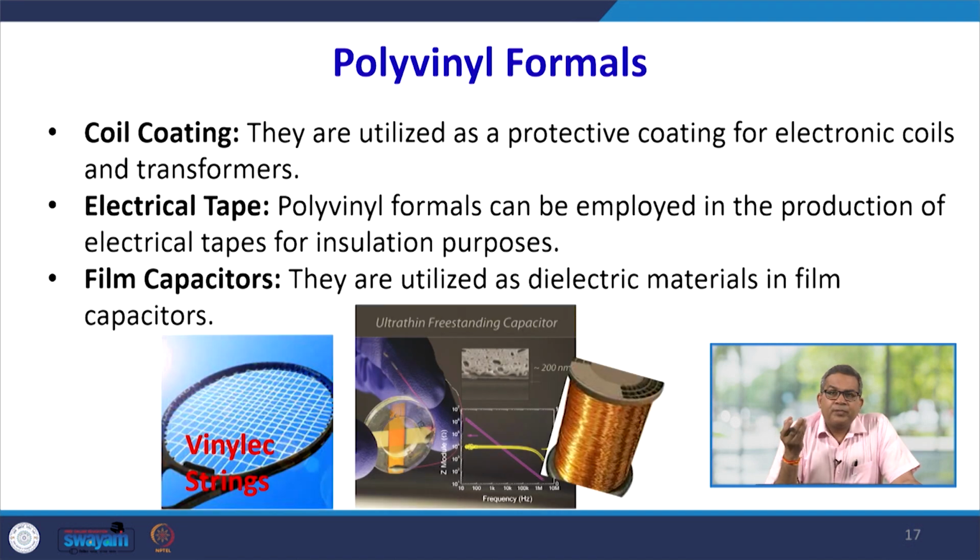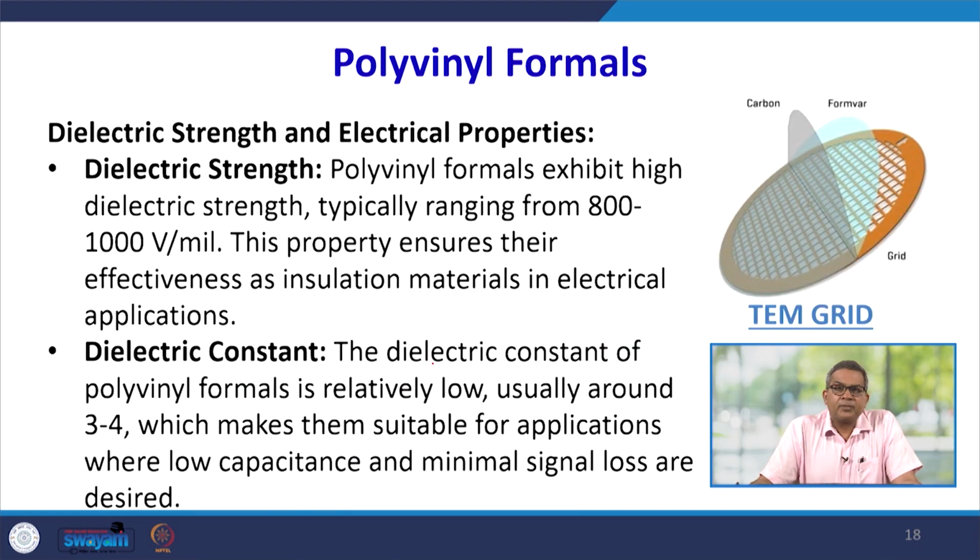Then coil coating, they are utilized as a protective coating for electronic coils and transformers. Then electrical tapes, polyvinyl formals can be employed in the production of electrical tapes for insulation purposes. Then film capacitors, they are utilized as a dielectric material in film capacitors.